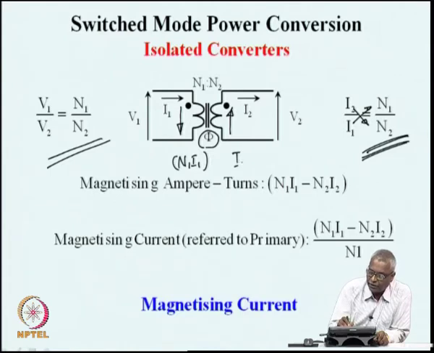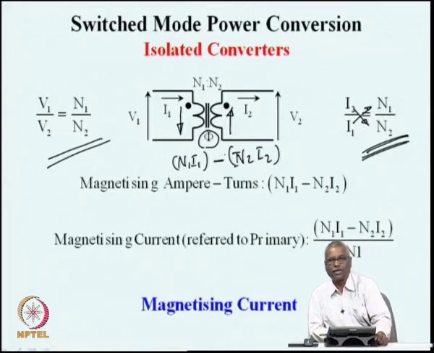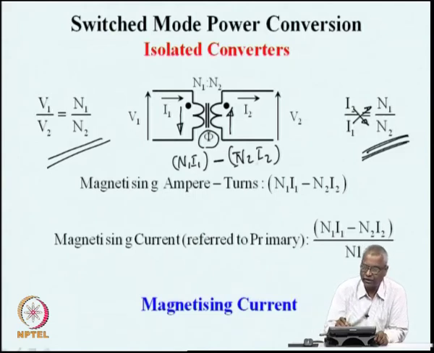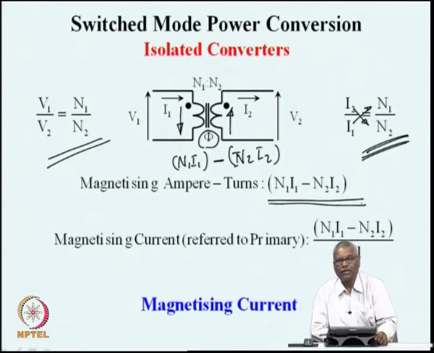The secondary ampere turn is N2 I2, and because one of them is flowing away from the dot and the other is flowing towards the dot, the net magnetizing ampere turns is the difference between N1 I1 and N2 I2, or we say that the magnetizing ampere turns is N1 I1 minus N2 I2.